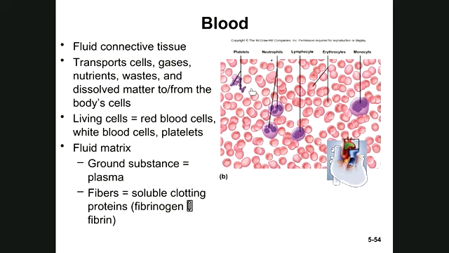But when our blood vessels become broken or we have any problem in the blood vessels, these soluble fibers become insoluble, and they become visible. And the other type of connective tissue is lymph, a fluid connective tissue.